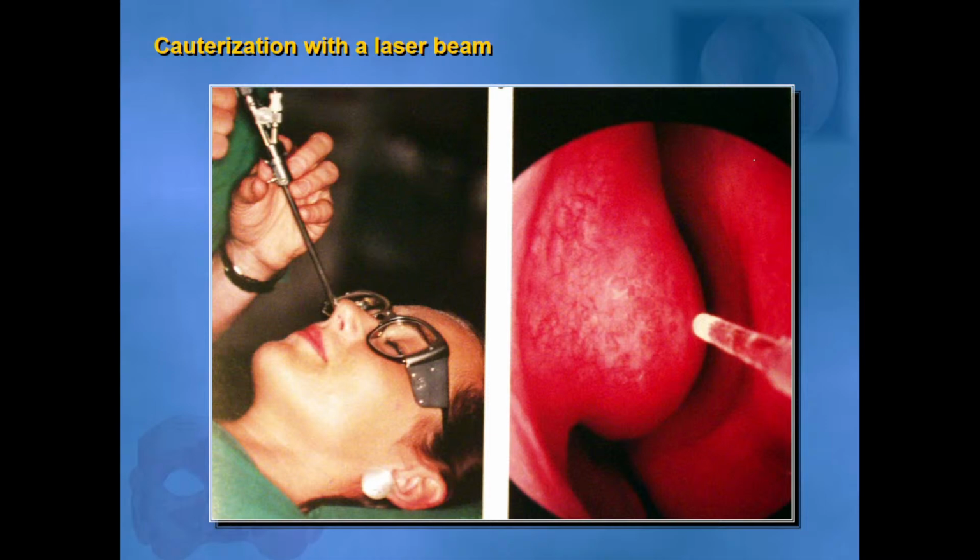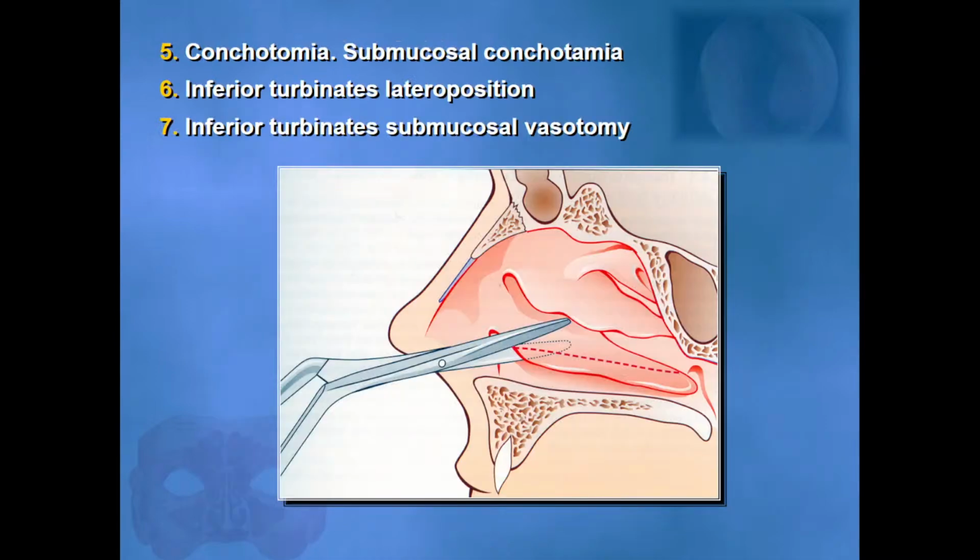Very rarely conchotomy can be used, but if you choose such a type of treatment, remember that it is very important to leave the anterior end of the inferior concha, because the inferior conchas play a very important role in the formation of air flow in the nasal cavity, and it's better to remove only if needed the posterior ends of the conchas.